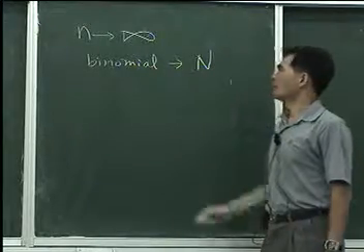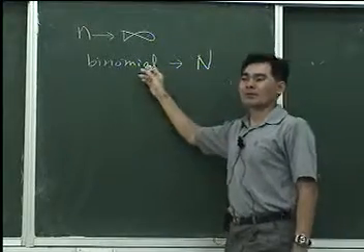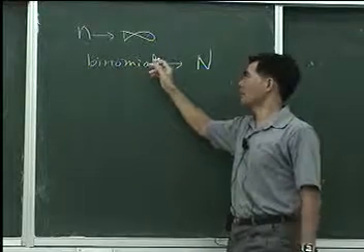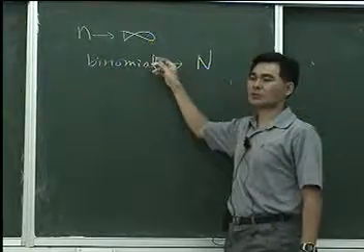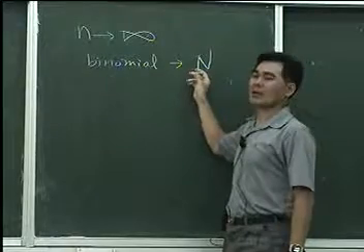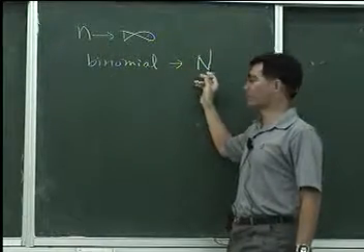So what does that mean? If the sample size is very large, you can get a normal distribution.